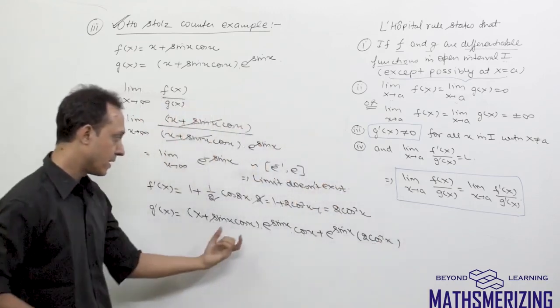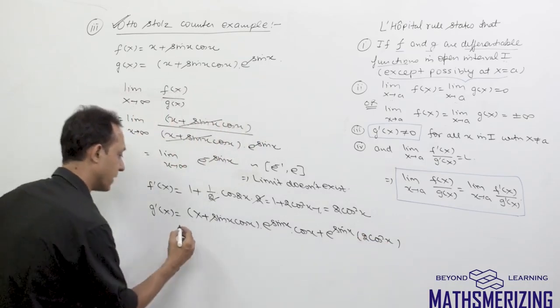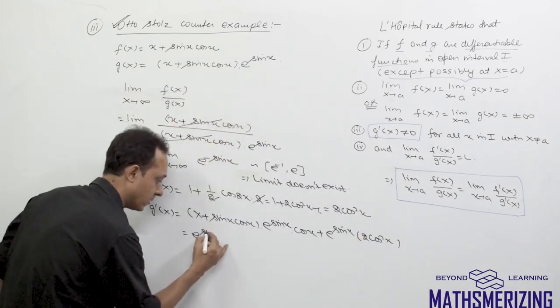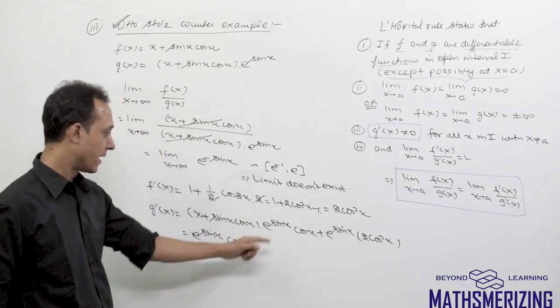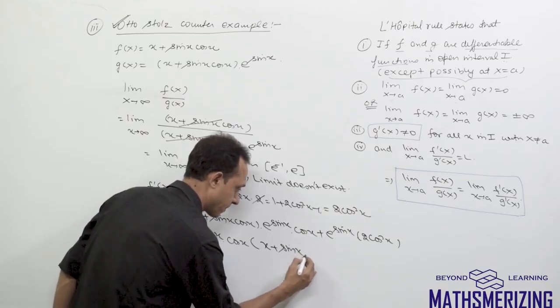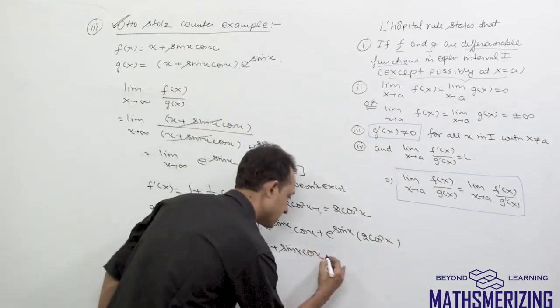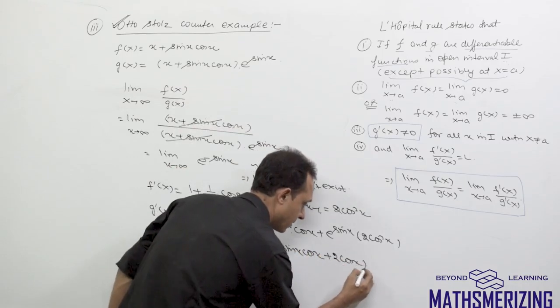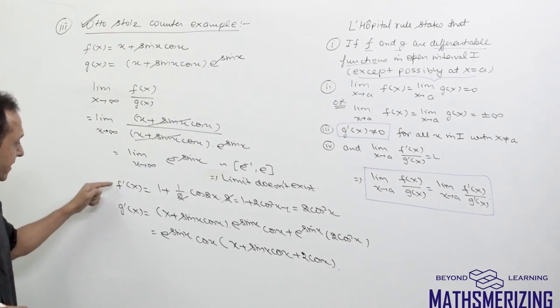So now here I can take e to the power sin x and cos x common. So if I take e to the power sin x into cos x common, I can write it as x plus sin x into cos x plus 2 cos x.